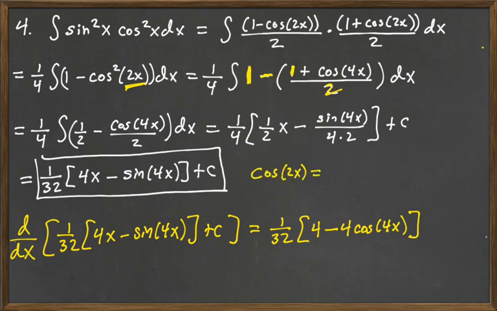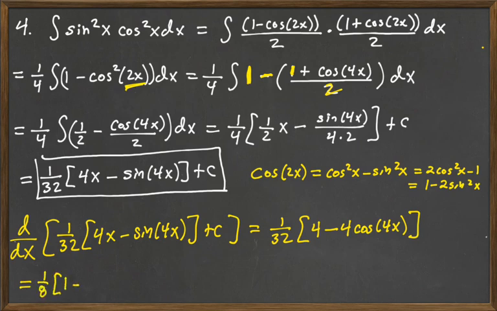So cosine of 2x, there are 3 formulas: cosine squared minus sine squared, or 2 cosine squared x minus 1, or 1 minus 2 sine squared x. So 1/8. I went ahead and factored the 4 out. So 4/32 is 1/8. Okay, so 1/8, 1 minus, okay.